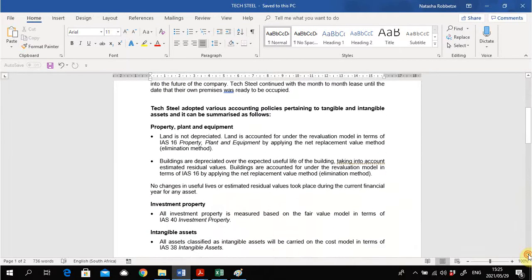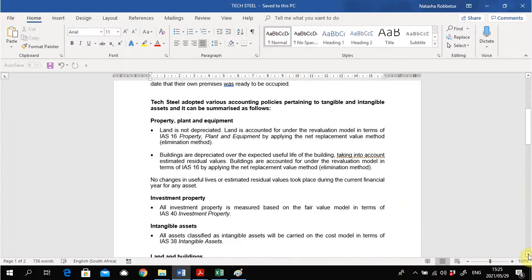In the next bit of information, they provide you with the accounting policy, which is very, very important. And it says, firstly, for PPE, land is not depreciated. And we use the revaluation model, the net replacement value, and we eliminate the accumulated depreciation.